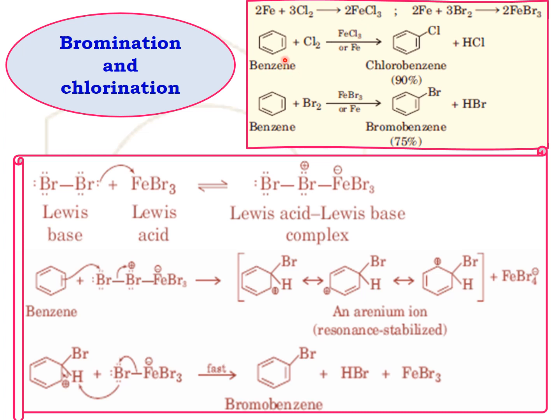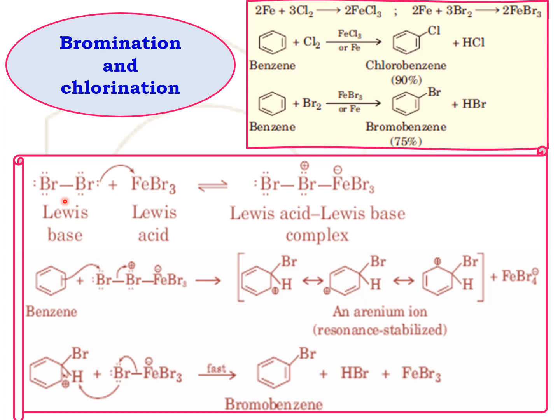So a reaction of benzene with the halogen molecule in presence of the Lewis acid ferric chloride provides halobenzene. Similarly, a bromine molecule in presence of FeBr3 Lewis acid provides bromobenzene with good yields.